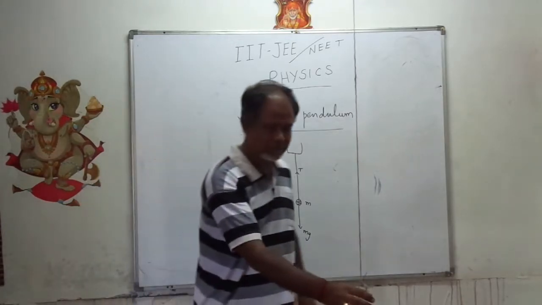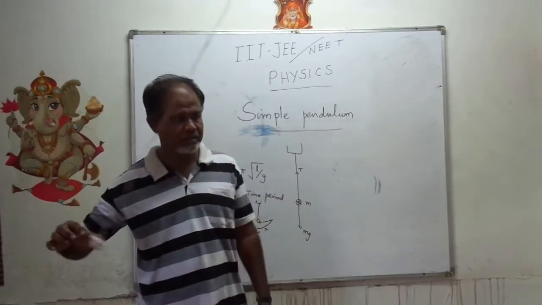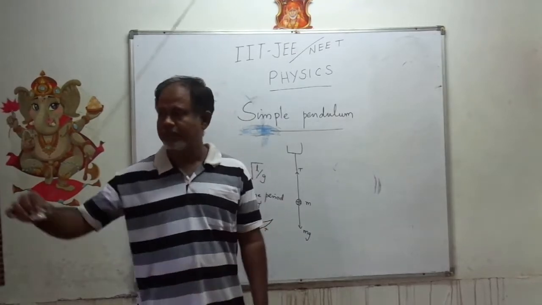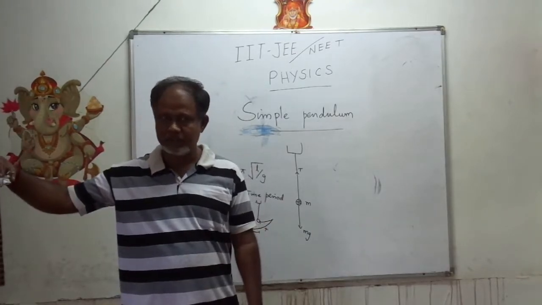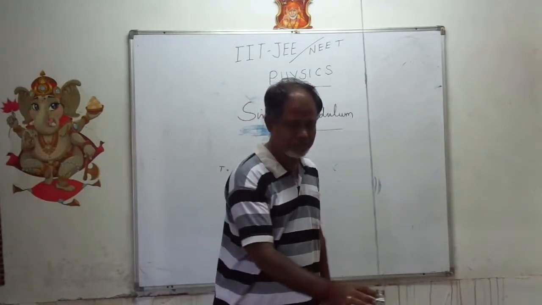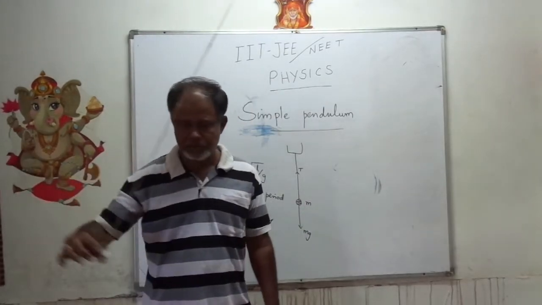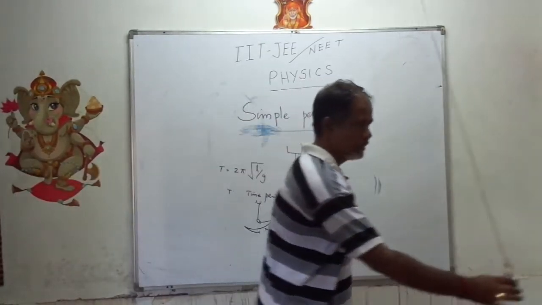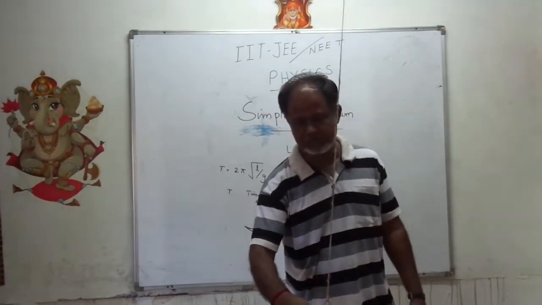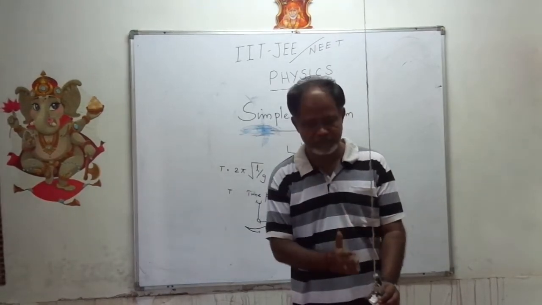Let us consider this experimental setup. I am oscillating this like this. If I oscillate this from here, 1, 2, 3, 4, this is the time taken to complete one full oscillation.